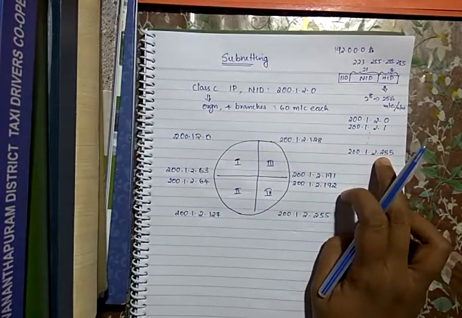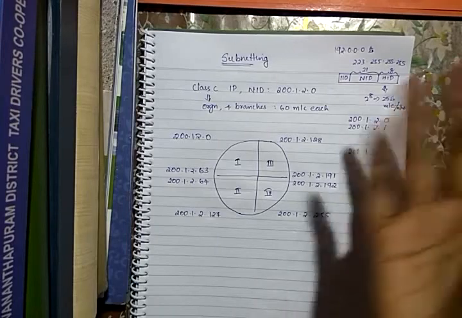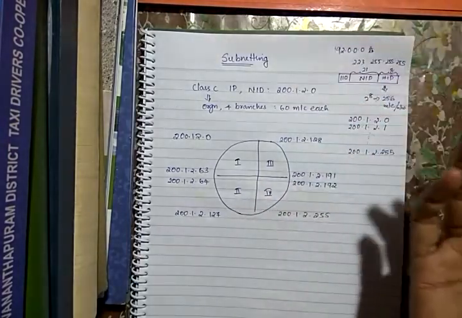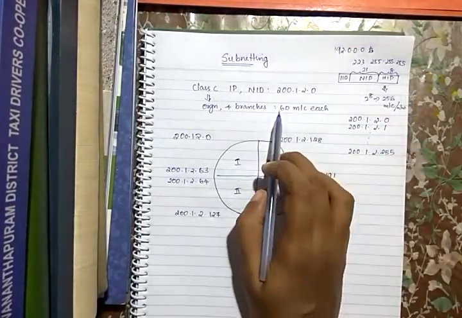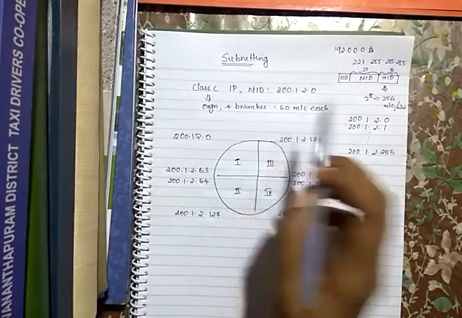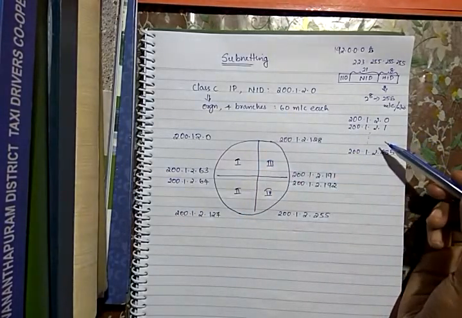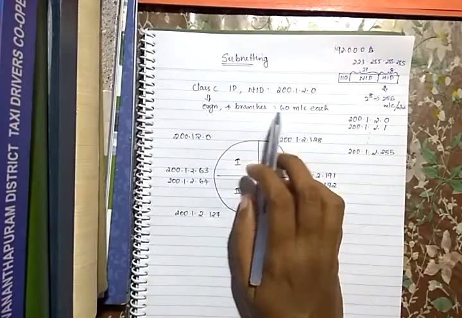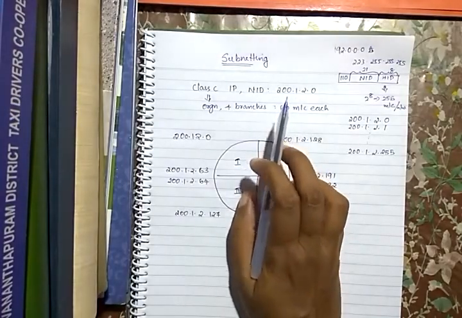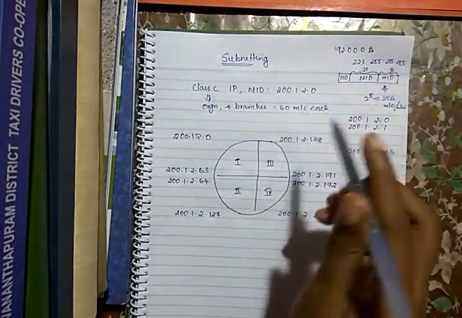One thing the organization can do is make 4 such IP addresses. Even though per branch it needs only 60, out of 256 it can give only 60, and the remaining will be unutilized or can be used in the future.